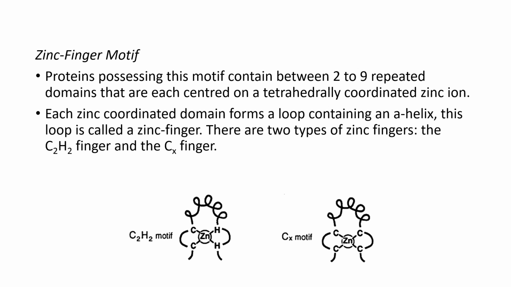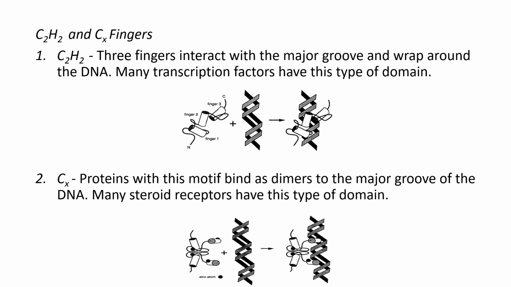There are two types of zinc fingers, the C2H2 finger and the CX finger. The C2H2 finger basically comprises three fingers that interact with the major groove of the DNA and wrap around it.